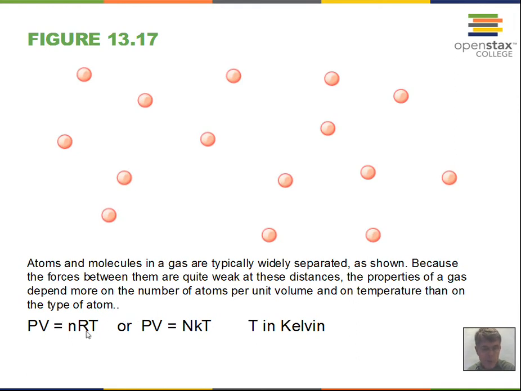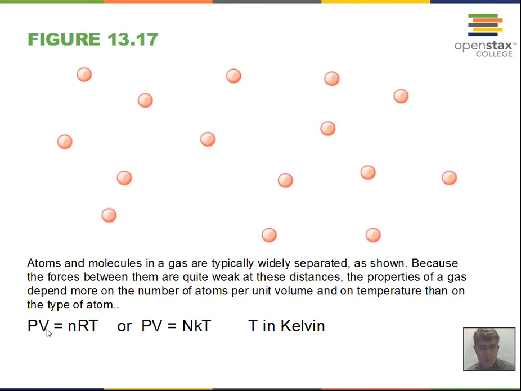If you're just doing one calculation, if there's just one unknown and you're given values for all the other quantities, then you do want to use P in pascals, V in cubic meters, n in moles, with the standard gas constant of around 8.3, and temperature in Kelvin. But if you're doing the ratio type analysis for problems, P1 V1 divided by P2 V2, you can have the pressure in atmospheres or the pressure in pascals.